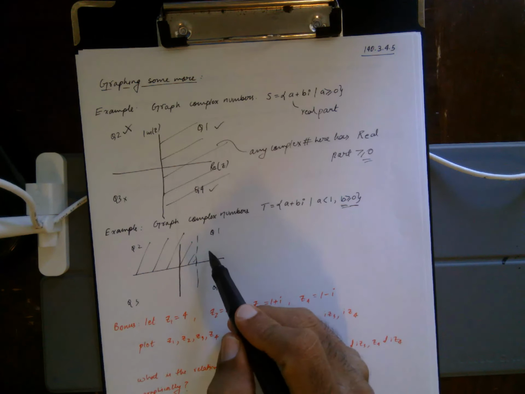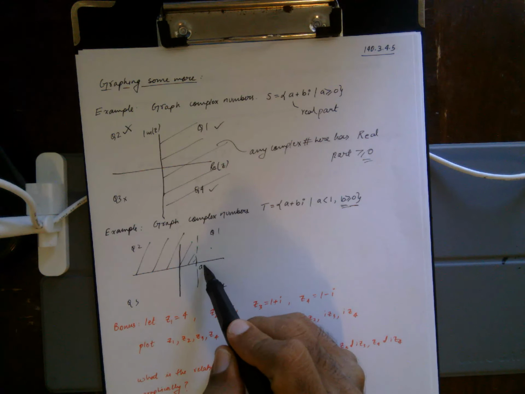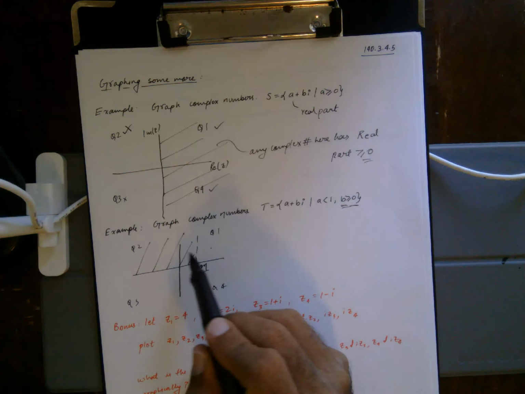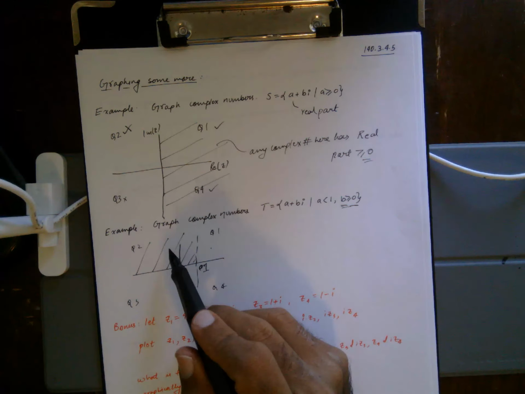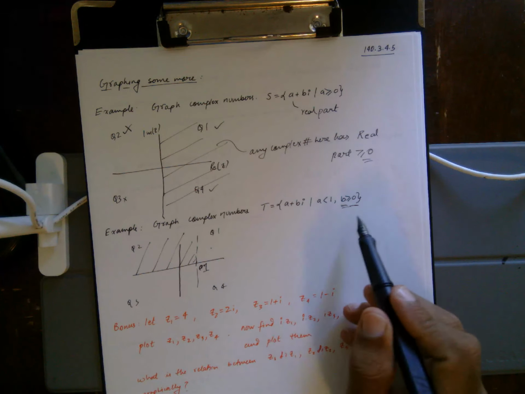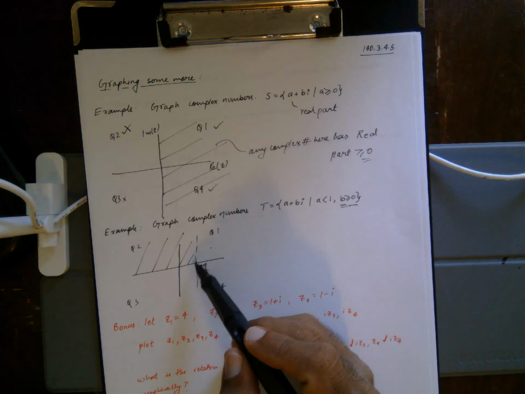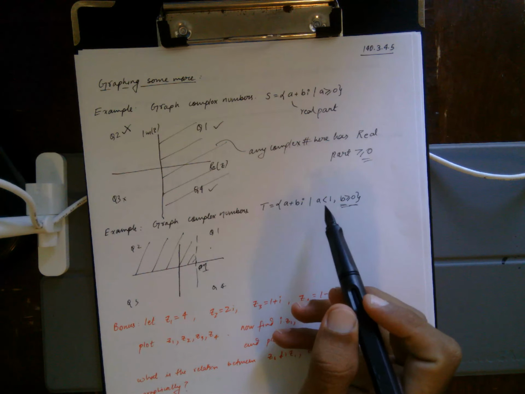I cannot be here because even though the imaginary part is positive, the real part is more than 1. But right to the left of this line and above the x-axis, both these conditions are satisfied. So you have that the imaginary part is positive or 0 and the real part is less than 1.